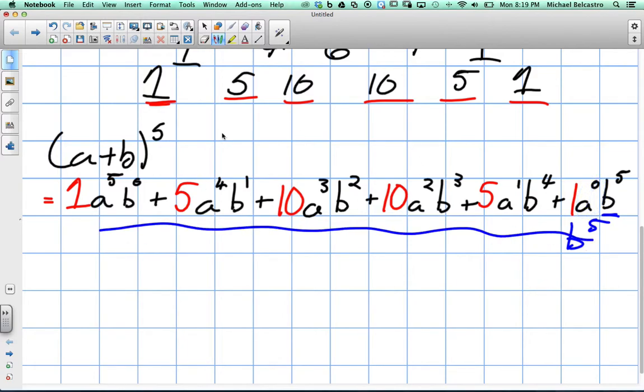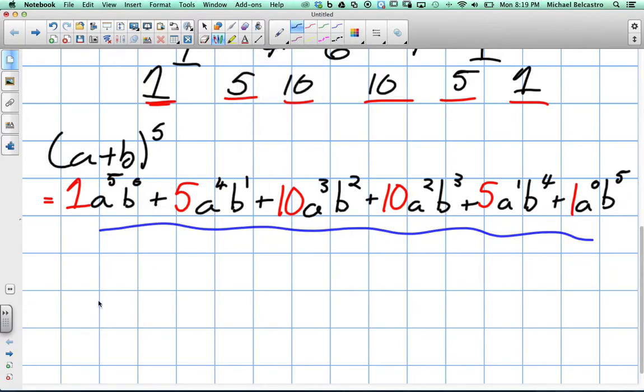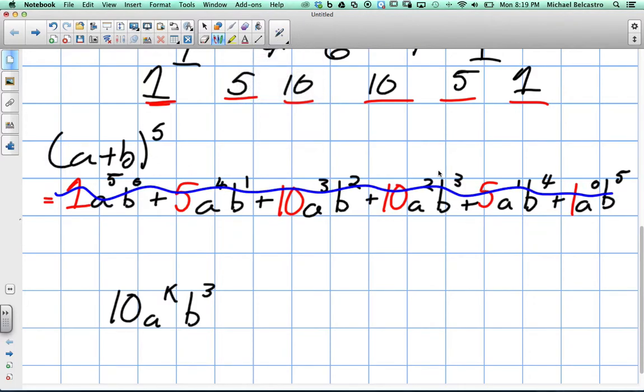So, assuming we didn't know this idea, let's say they gave us a question like this. We have 10a^k, where k is unknown, and b to the power of 3. We have to figure out what our k value is from this. Remember our exponents have to add up to what value?